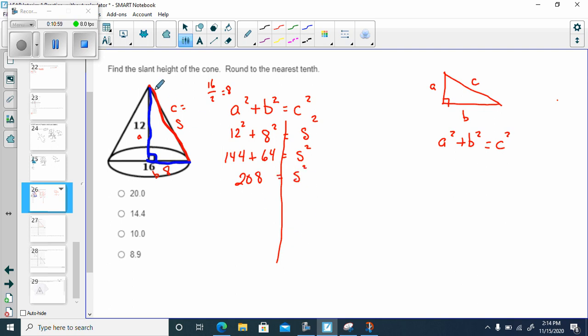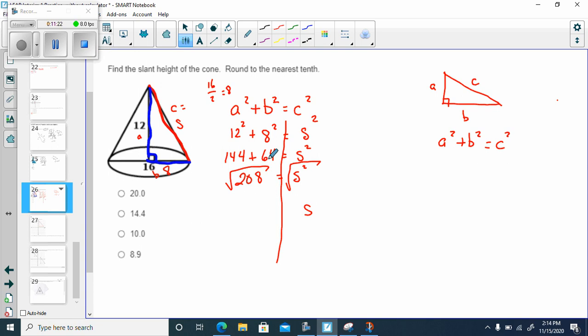I'm not looking for the slant height squared, am I? I'm looking for just the slant height. The opposite of squaring something is to take the square root. That would give me S, but what I do to one side of the equal sign, I have to do to the other. So I need to take the square root of 208. In your calculator, the upper left-hand button, light blue, second.